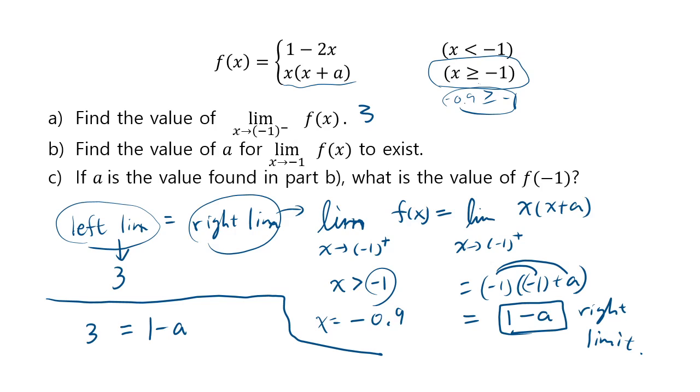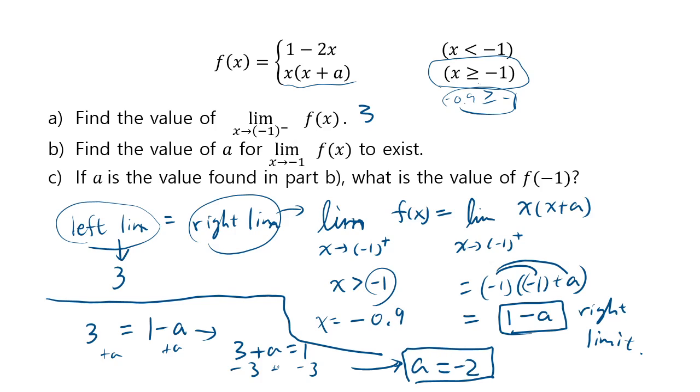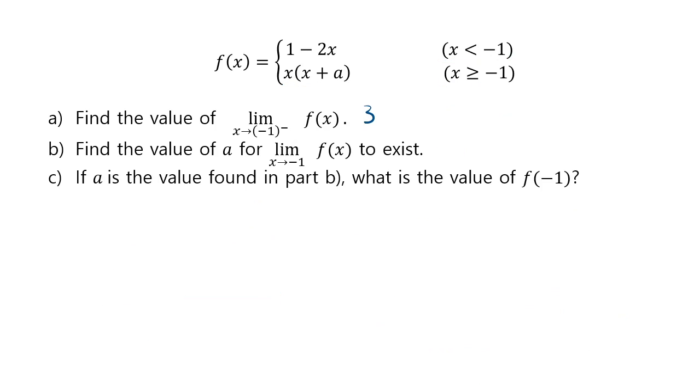For that to be equal, I can first add a to both sides, and you get 3 plus a equals 1, and then subtract 3 from both sides, so you get a equals negative 2. Okay, so that's the answer. So we have 3 for the first answer, and the second answer is a should be negative 2.